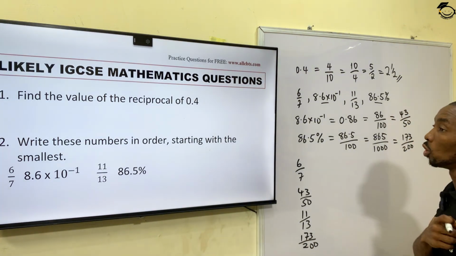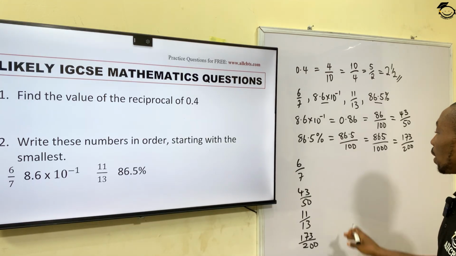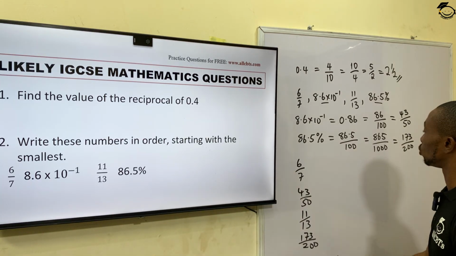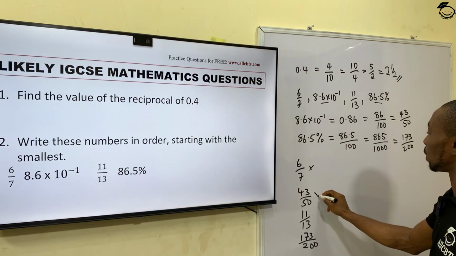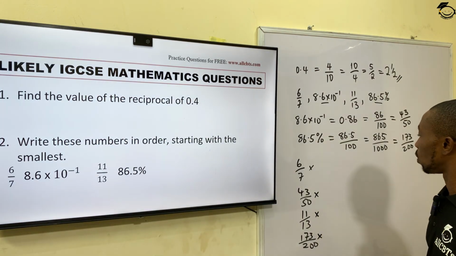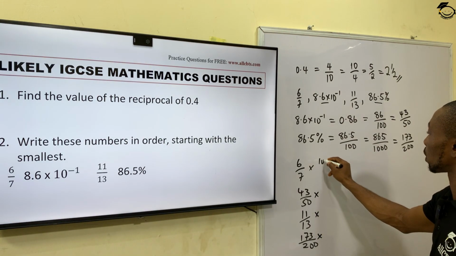For us to know which of them is the smallest, we are going to multiply each of them by a common factor. Let's use 1,000.